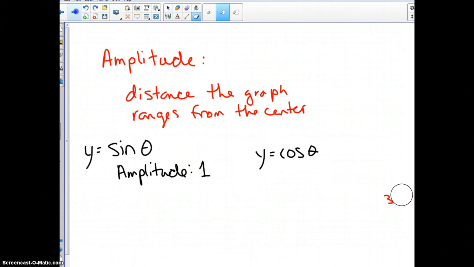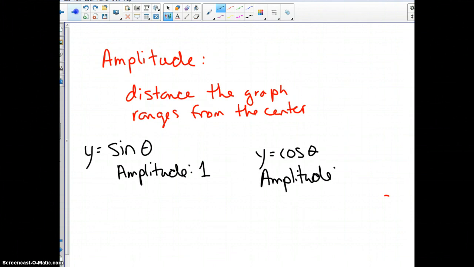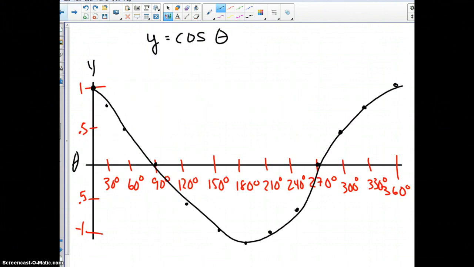All right, so let's talk about the cosine. On your own here, you could probably look at this and take in your notes. You want to have basically those graphs in there. You look at the cosine, the amplitude is the distance it goes away from the center. So if we go back to the cosine function, you see right here, here's our center again. It's basically that axis with our degrees, our theta.